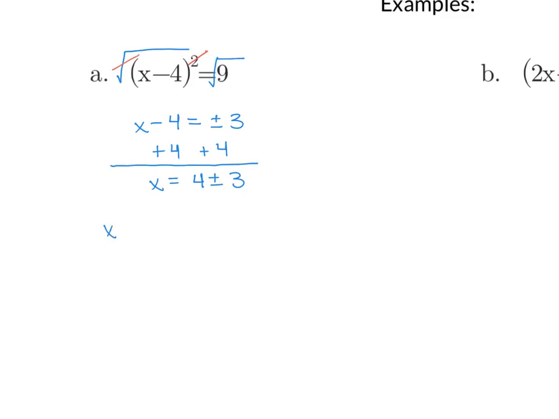So what we have here is x equals 4 plus 3, or x equals 4 minus 3. We can simplify each one of these and we get x equals 7, or x equals 1.